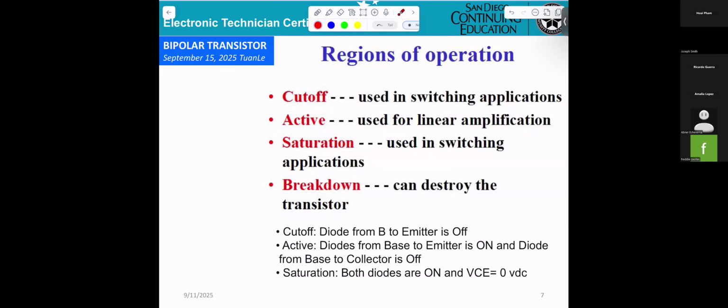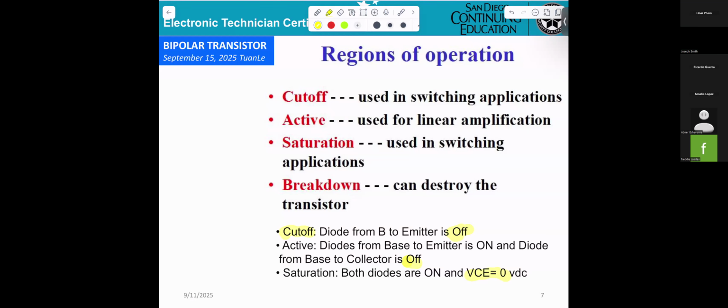They are telling you: cutoff, the diode from base to emitter is off. Active, the diode from base to emitter is on, and the diode from base to collector will be off. Saturation, both diodes are on, and VCE equals 0 volt DC.